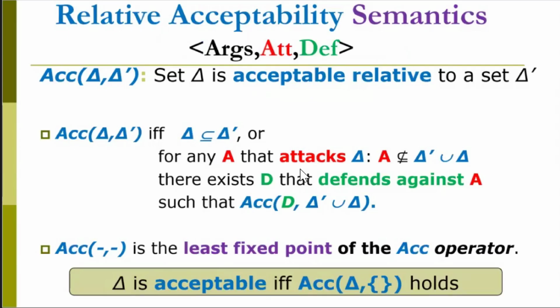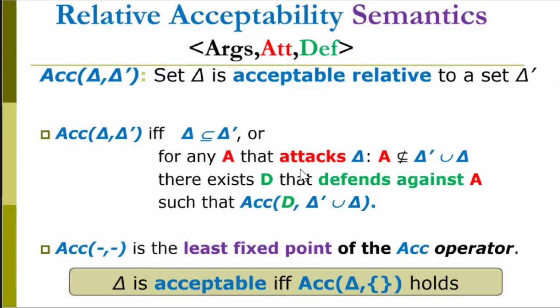We don't need to go into the details, but this operator is the standard thing that says an argument delta is acceptable with respect to another argument delta prime either if it's a subset, which means this is the context under which I'm reasoning, or for any attack there is a defense, and that defense is acceptable with respect to the original context delta prime union delta. That's why I'm saying the arguments delta become acceptable by rendering their counter-arguments non-acceptable, which means finding the counter-argument alpha, finding a way that we defend against alpha acceptably.